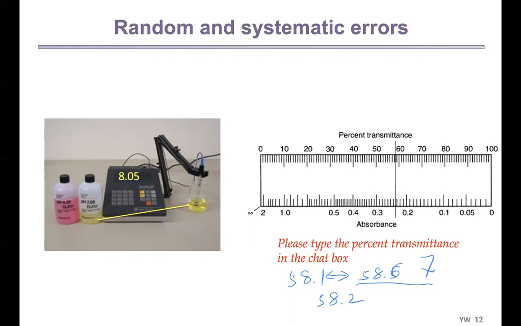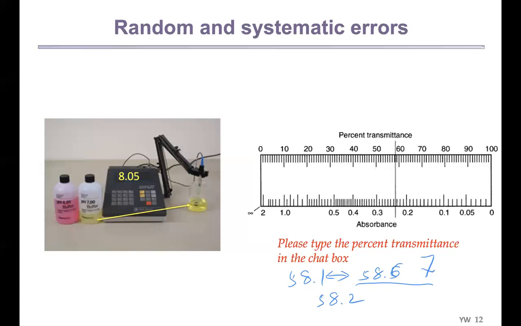But we cannot say that 58.1 is not correct or 58.7 is definitely not correct. Well, by looking at the picture here, I would say 58.7 might be a little bit off. But if you're writing any numbers between 58.1 to 58.4, I think all of them are reasonable, right?